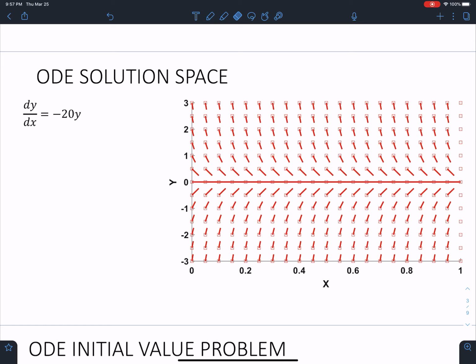So here we have a relatively simple ODE, which we would like to solve.